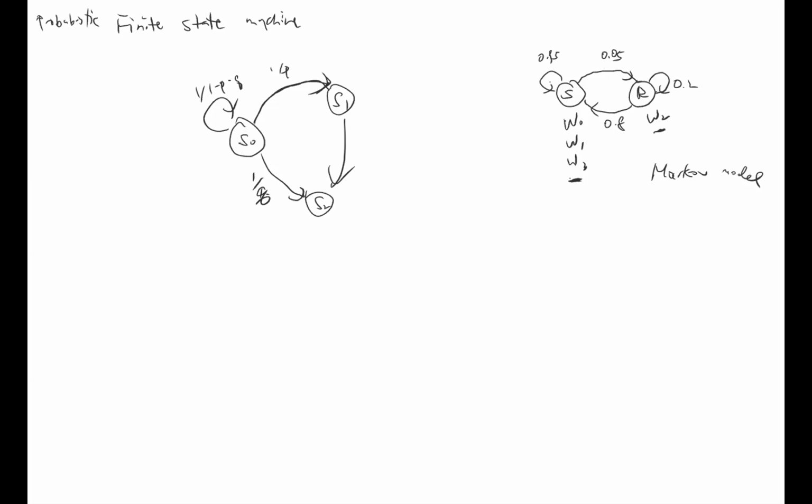Oftentimes, when you're at different states, you also have some kind of observation you can make. For example, precisely as in our homework problem, we can observe not just the weather but also something else, so we have the so-called hidden Markov model. I guess you have heard of that.